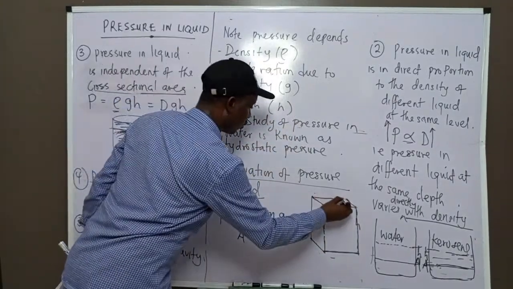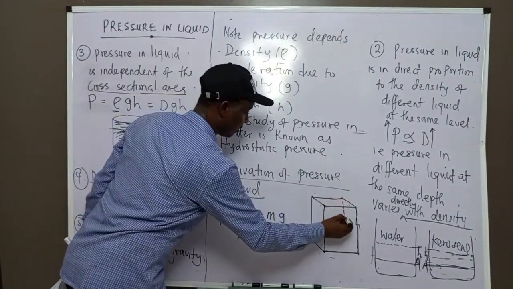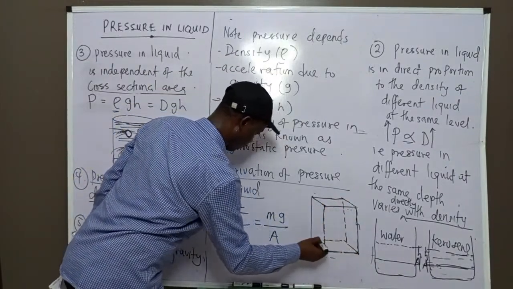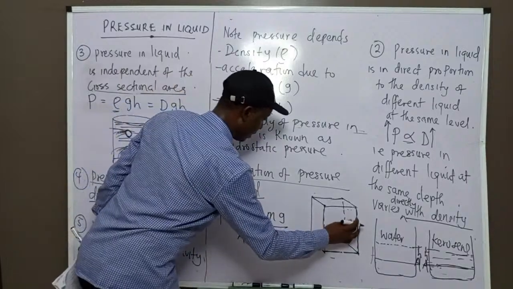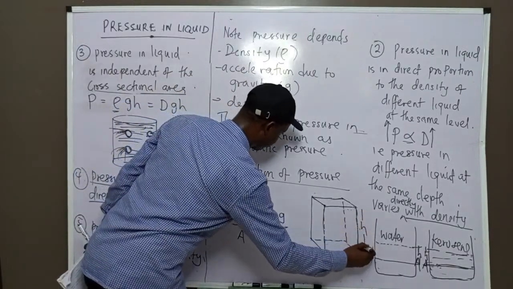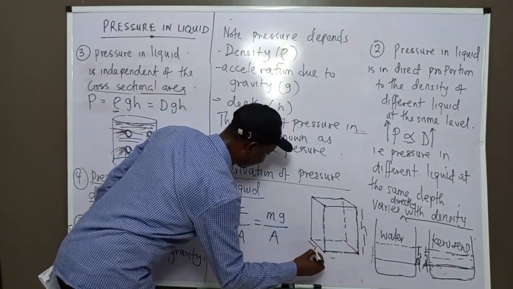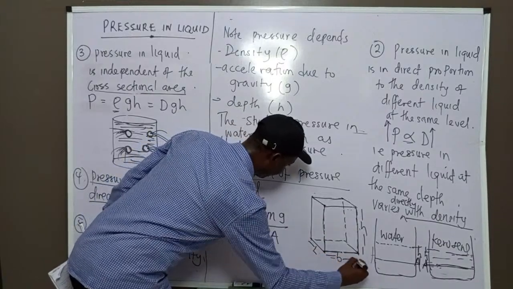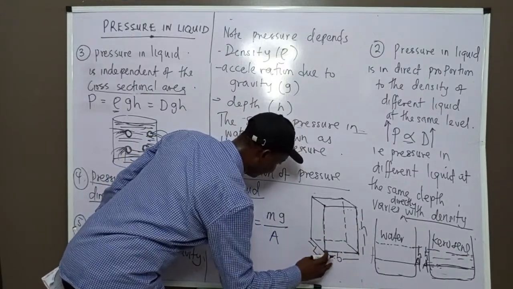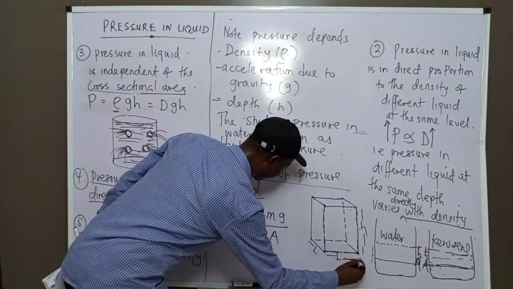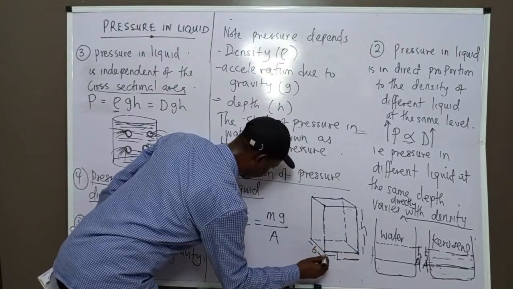Now, this container has a particular height, and that height is H. It also has a length and the breadth. Let me call these the length and the breadth.